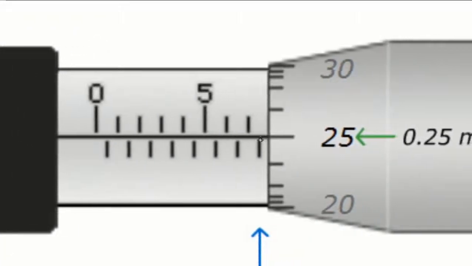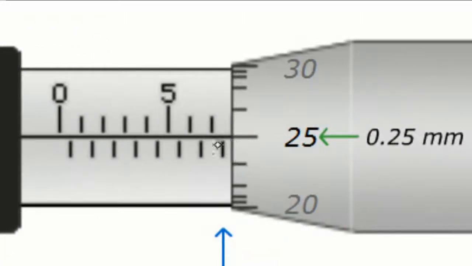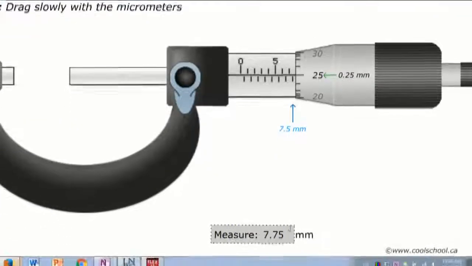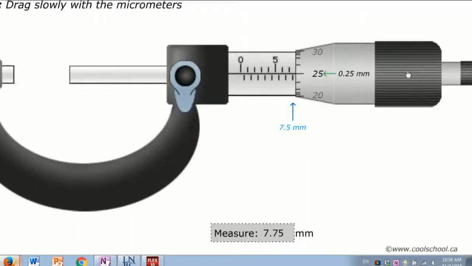So if we were to total this, we get 5.5, 6, 6.5, 7, 7.5, plus another 0.25, because it's telling us this is 0.25 millimeters. So we have 7.5 plus another 0.25, so this should be 7.75. And if we look down at the bottom, we zoom out, we see that this in fact is down here at the bottom, 7.75. So the way the micrometer works is you have two scales. You have this big one, it's called like the coarse adjustment, and then you have a fine adjustment on the end.